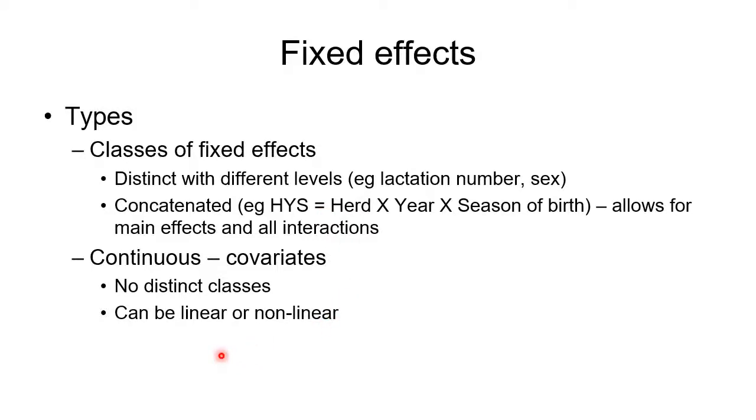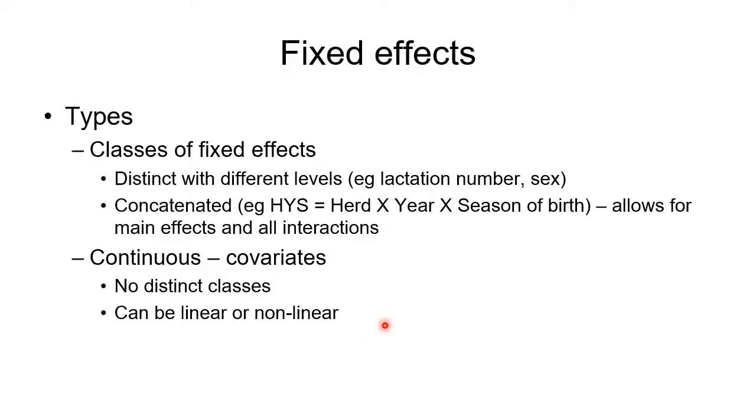Then in terms of continuous covariates that you can include as fixed effects or a regression, there are no distinct classes, and this can be linear or non-linear. An example of this would be the age of the animal. We know that the older the animal, the higher the body weight of the animal will be.